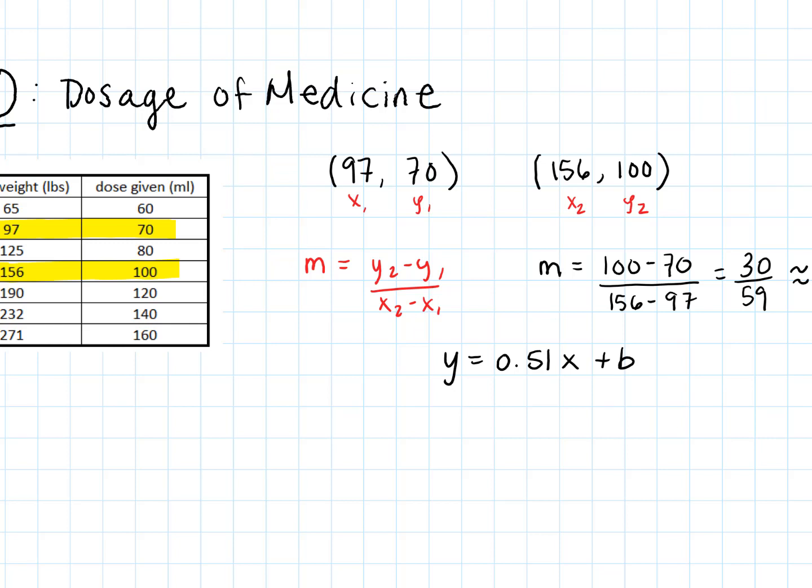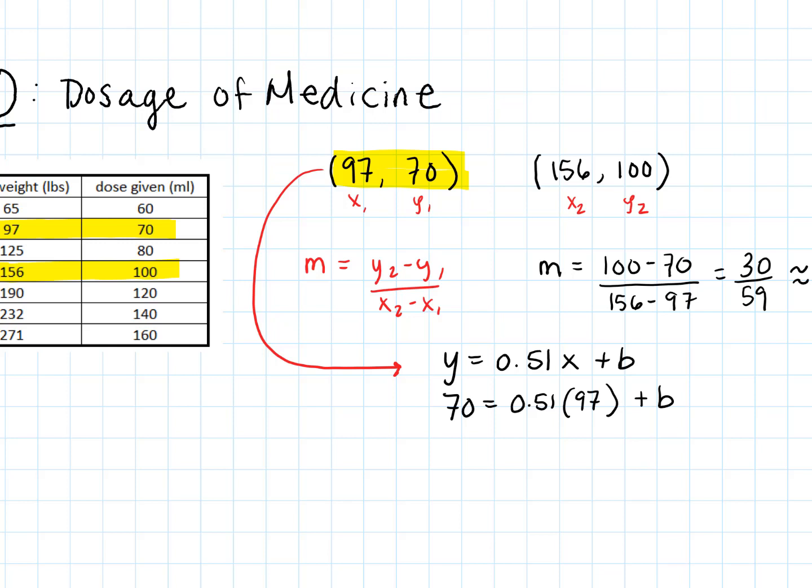Step 2, plug the slope in. Step 3 is pick one of these points, and I am going to just pick this first point, and I'm going to plug it in to the equation. Okay? So I'm going to get 70, because that's the y value, equals 0.51 times 97 plus b.